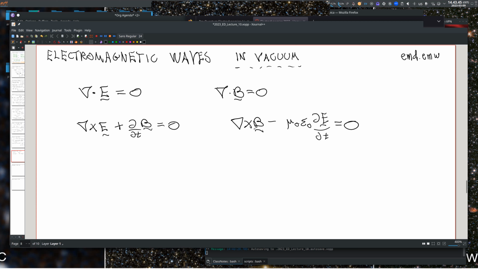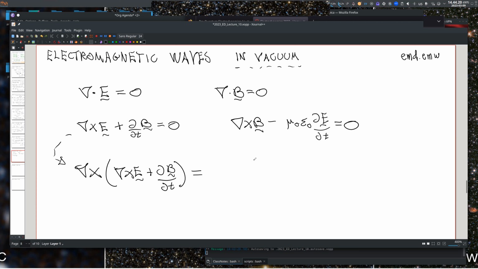So how are we going to do that? Well, let's just take the curl of this one. So what we're going to do is take the curl of that whole thing. Why am I taking the curl of this whole thing? Because I'm aiming for the curl of B. And once I get the curl of B here, I'll be able to use this one here. Okay, so that's what I'm going to start with.